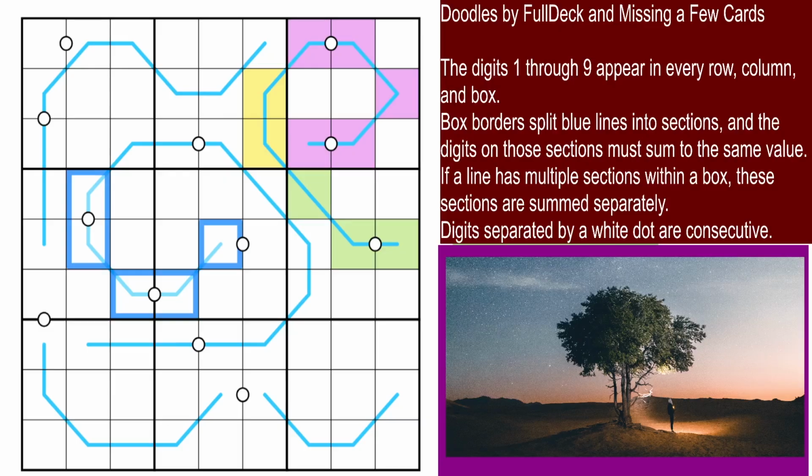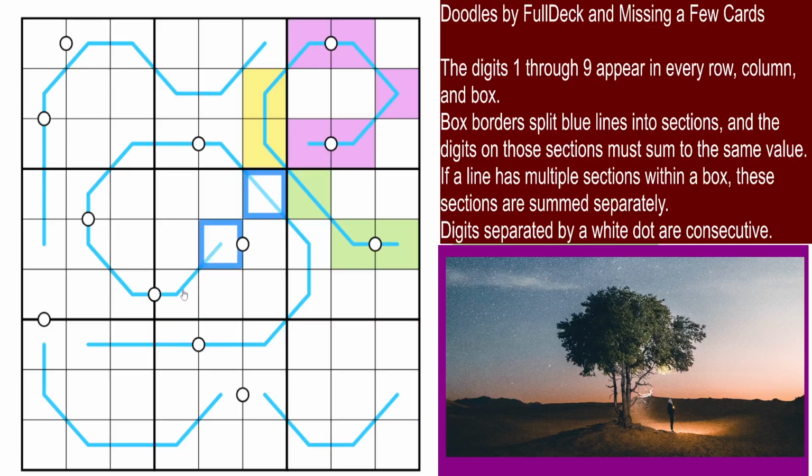If a line has multiple sections within a box, these sections are summed separately. Yeah, this one, I think. I can see only one occurrence where these sums are not together. These sums are separate. Whatever this sum is, the same as this sum, and whatever this sum is, the same as this sum.